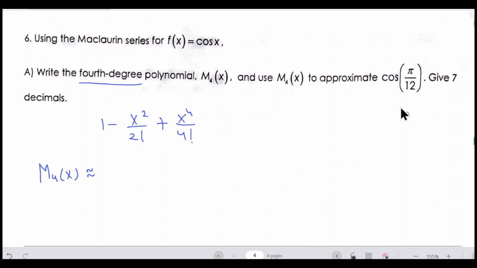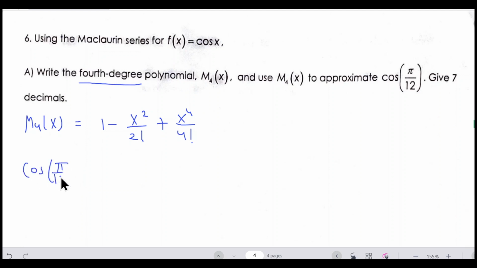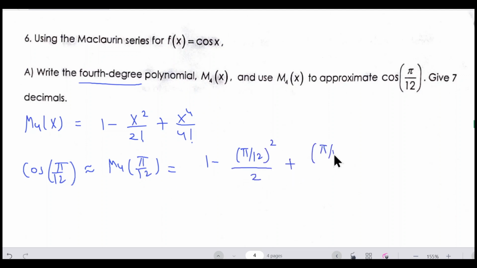It's not cos, so I will say that this is the fourth degree Maclaurin, and this approximates this value. So officially I'm going to say that cos of pi over 12 is approximately M4 of pi over 12, which is equal to 1 minus (pi over 12) squared over 2 plus (pi over 12) raised to 4 over 4 factorial. I wrote 2 because 2 factorial is just 2, right?